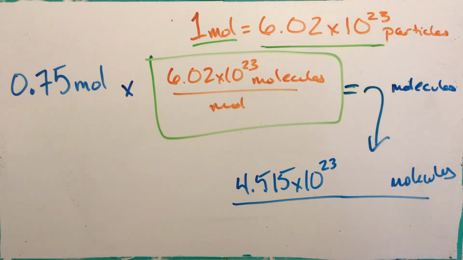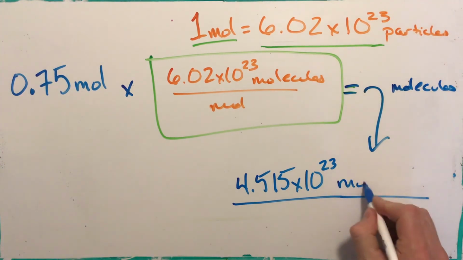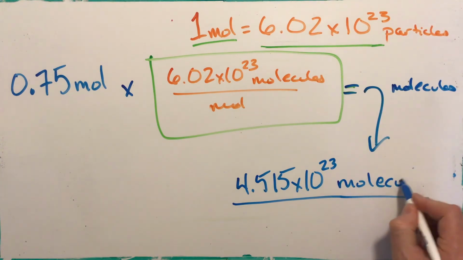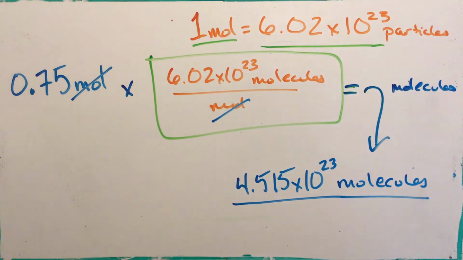So there's my answer. I can actually draw that in there a little bit nicer. Because moles on top, moles on bottom cancel or reduce to 1 when I multiply.